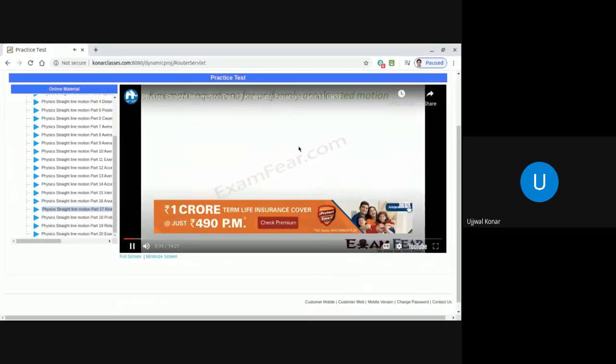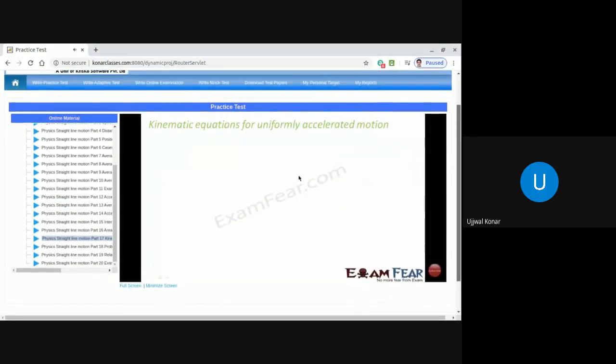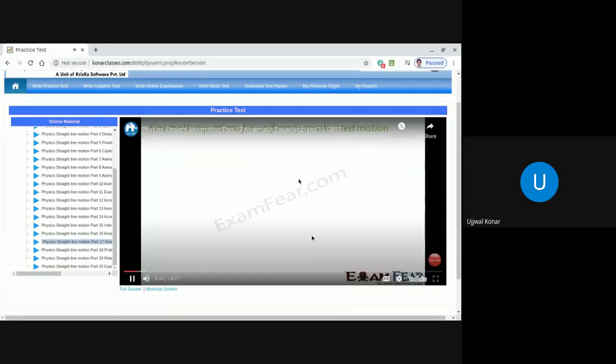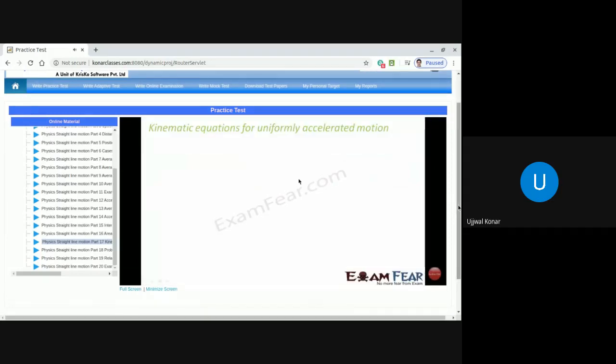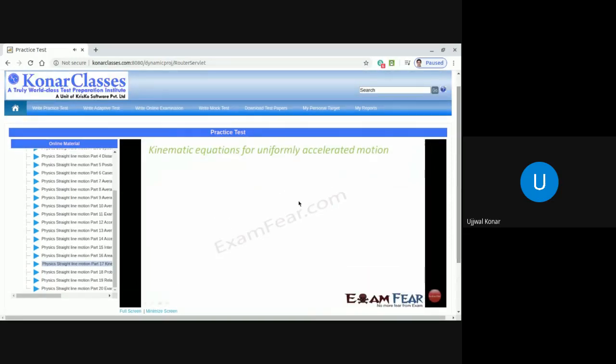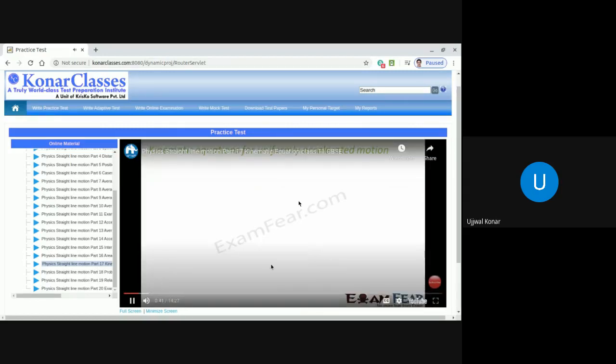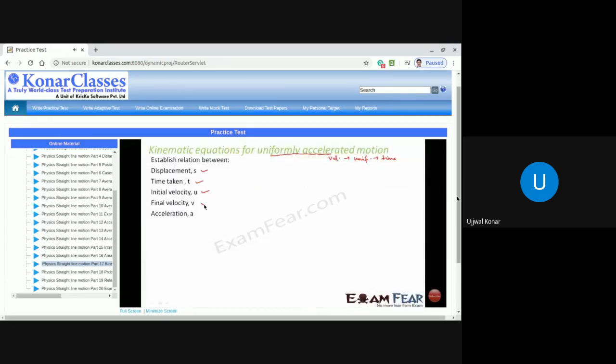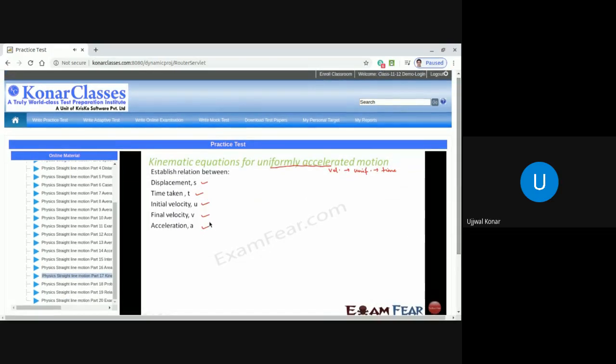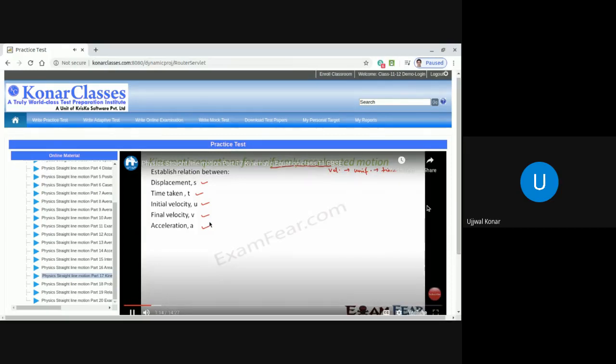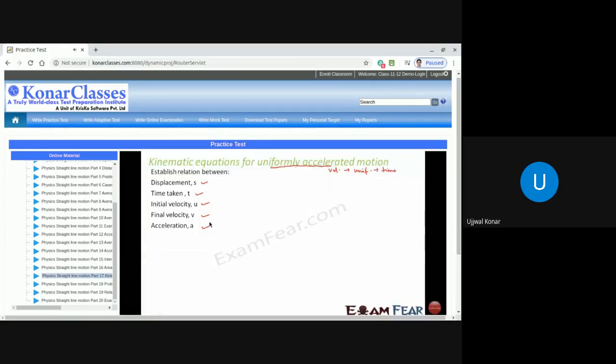Now we will go ahead and study the kinematic equations for uniformly accelerated motion. So now our study will focus only on uniform acceleration, that is, uniformly accelerated motion. Initial velocity, final velocity, and acceleration. Now, what was the need for deriving the kinematic equations?